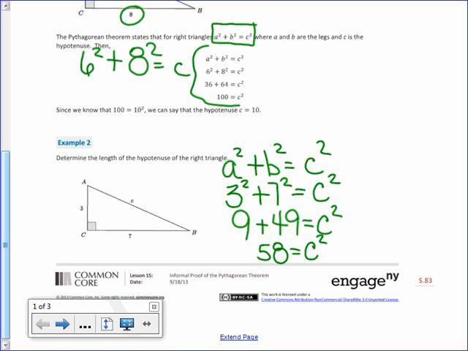And now we know that 58 is not a perfect square. So we're going to go ahead and use a calculator and find the actual value of the square root of 58, because the inverse of squaring a number is taking the square root of the number. So when you find the square root of 58, you know that 58 is in between the perfect squares of 49 and 64.